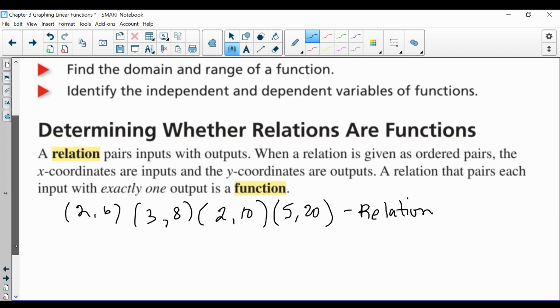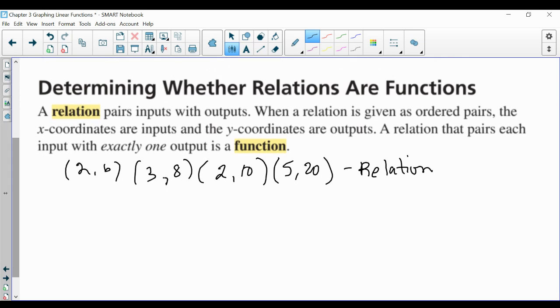A function is a relation where each input has exactly one output. So I could say 2, 4. I could say 3, 6.